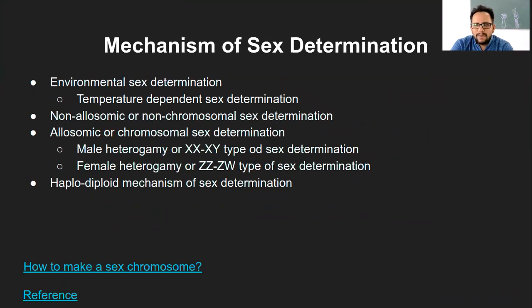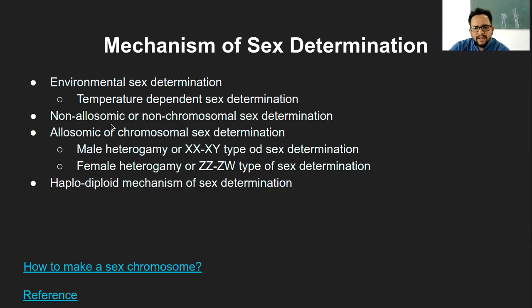So the first one, which was a very early form of sex determination, still happens in some of the primitive species which are still existent. That is environmental sex determination, where environmental factors, like temperature, determine the sex of a particular individual.